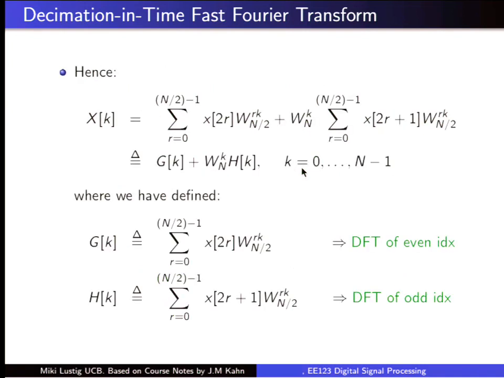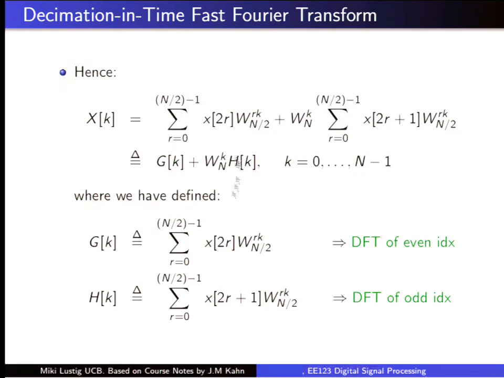So this again also looks like a DFT, except it has some factor that does depend on a particular k that's outside. So I'm going to write it as G of k, which is the DFT of the even numbers, and H of k is the DFT of the odd indices in our sequence.